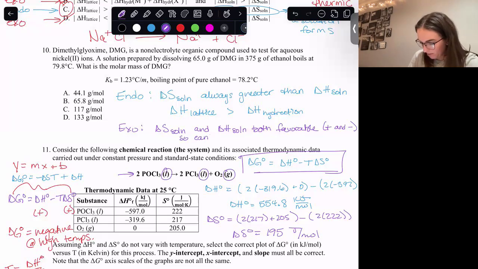So can't tell which is bigger. But delta H lattice is less than delta H hydration.